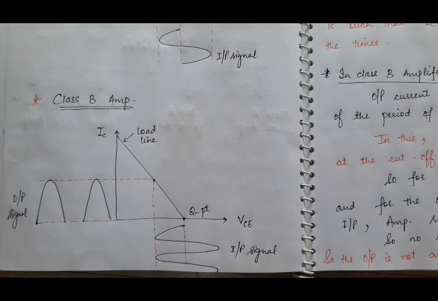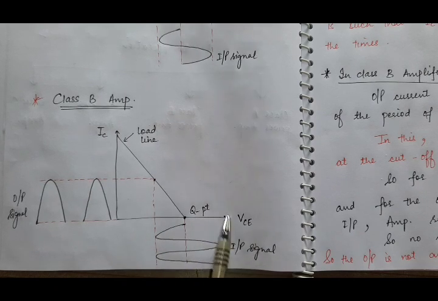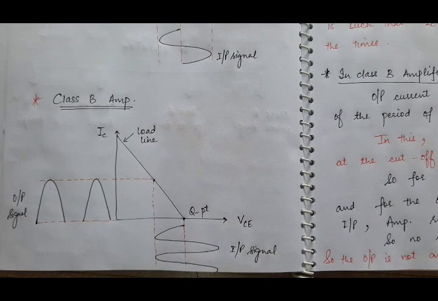But in case of class B amplifier, the Q point lies on the x-axis. It means the Q point, here we have the cutoff region. So in this case, the Q point of the transistor lies at the cutoff value.